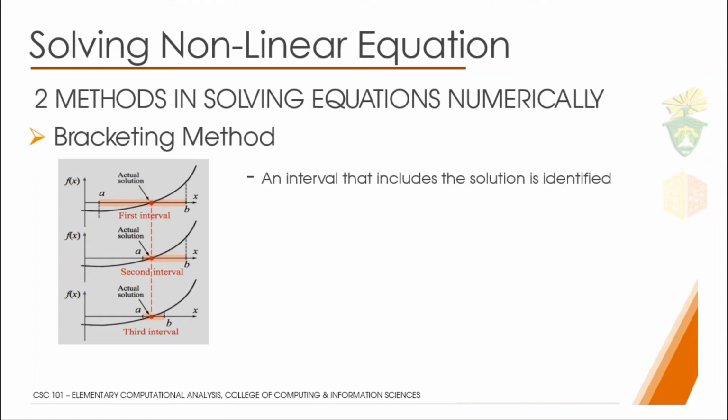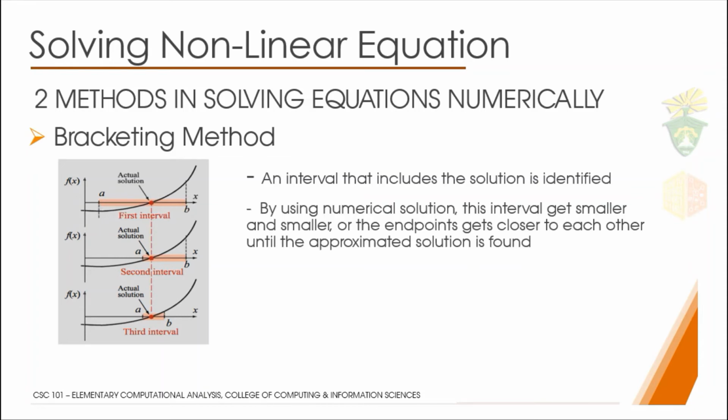This interval's endpoints A and B are the upper bound and the lower bound. Then, by using a numerical solution, this interval gets smaller and smaller, or the endpoints get closer and closer to each other until the approximated solution is found based on your desired accuracy.